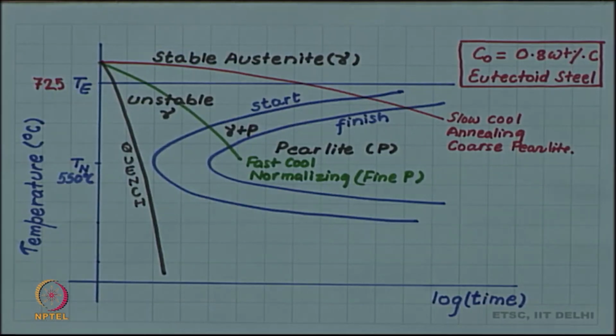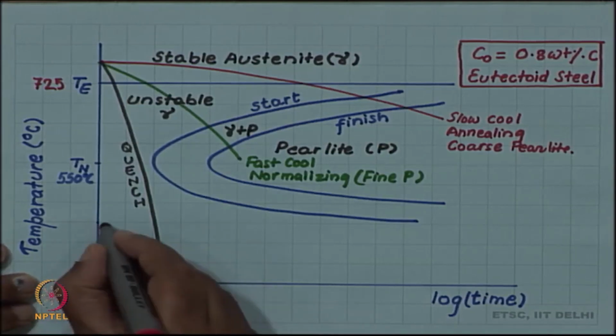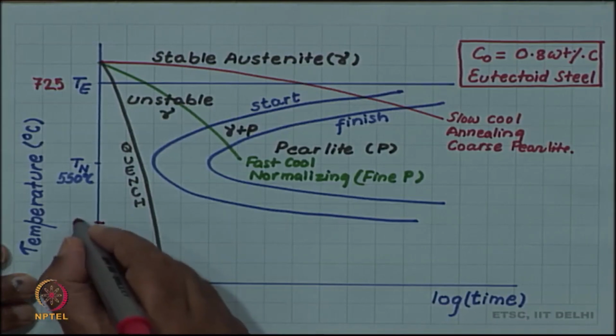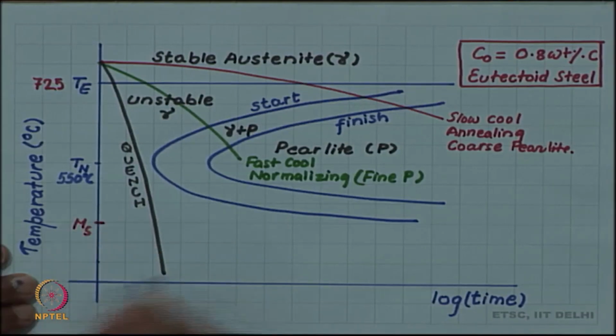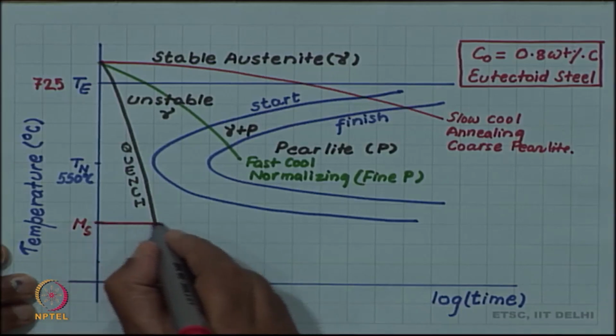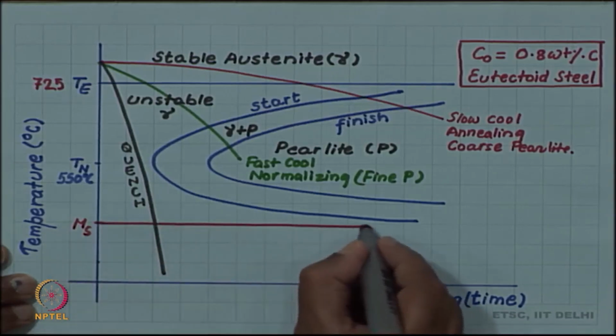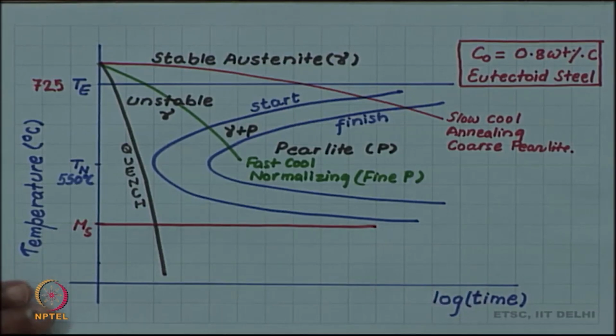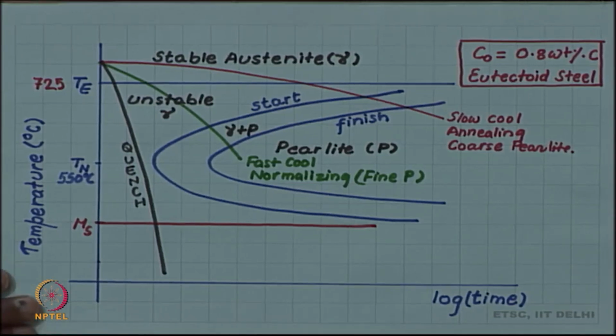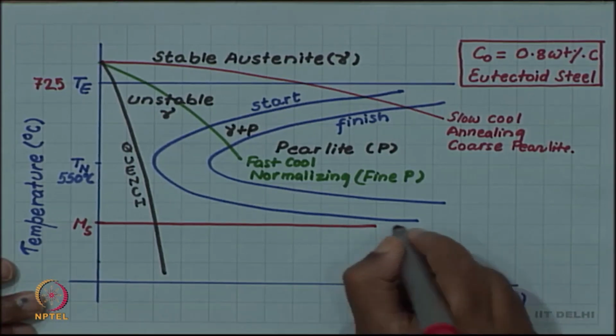Nature throws another surprise at us, and that is what is called the martensitic transformation. So, what really happens here is that at some temperature, let me label it Ms, when I draw a horizontal line here, a new transformation begins, and that is called a martensitic transformation. So, Ms is the start of the martensitic transformation.